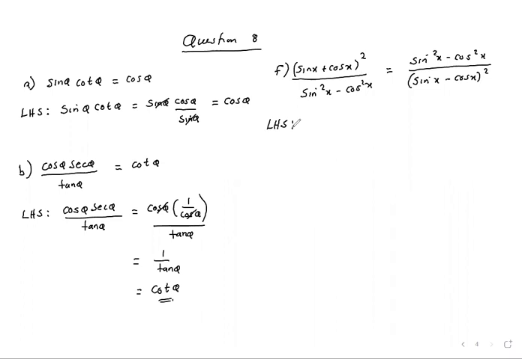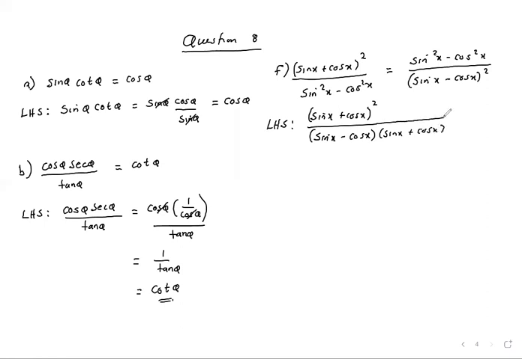So if we start with this side, we'll have sin x plus cos x squared as it is, and then the denominator, we do difference of two squares, we'll get sin x minus cos x and sin x plus cos x.